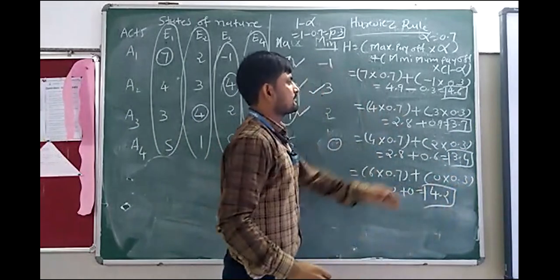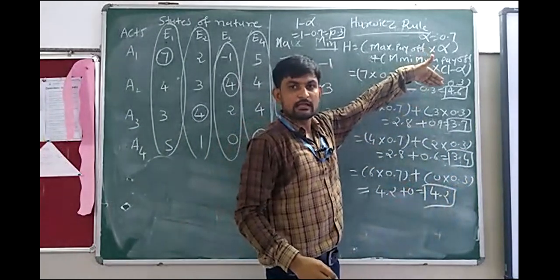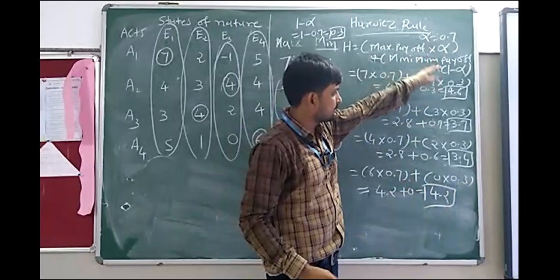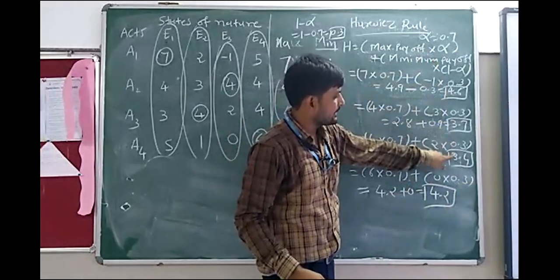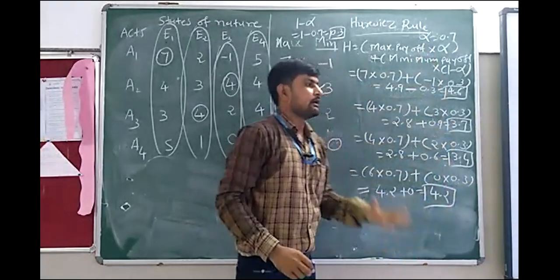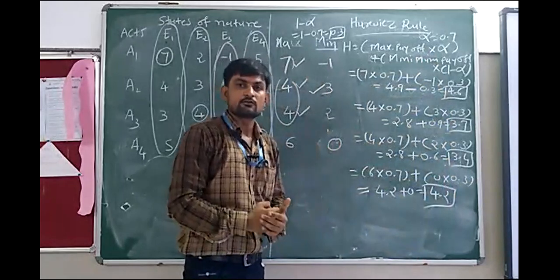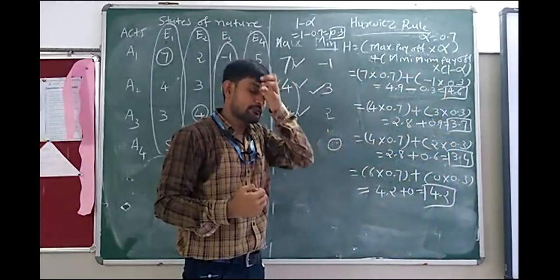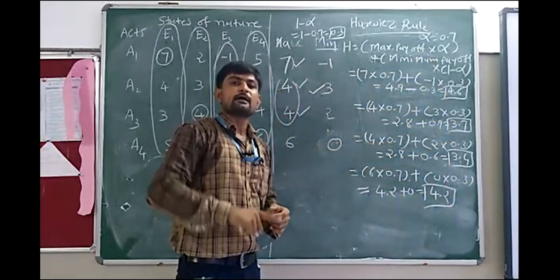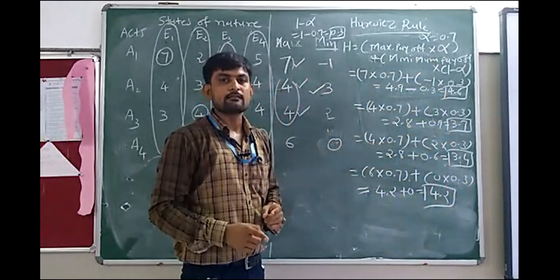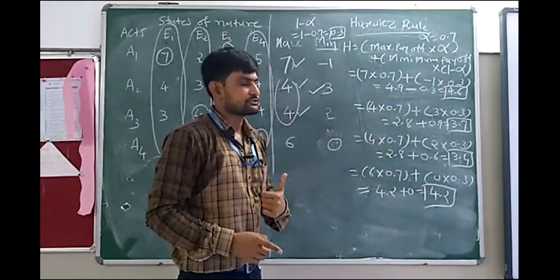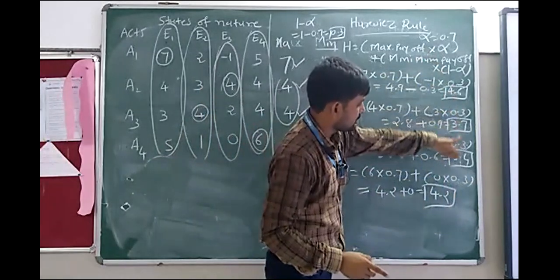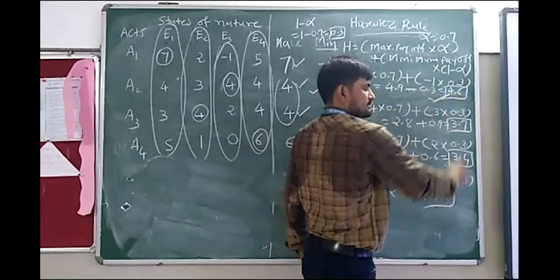So now we have the answer, that is the weighted average profit for Act 1, Act 2, Act 3, and Act 4. Now we have seen the theory of Harvey's rule. According to Harvey's rule, we'll select that act as the best act which has maximum profit. So here from all of these, maximum profit is 4.6.